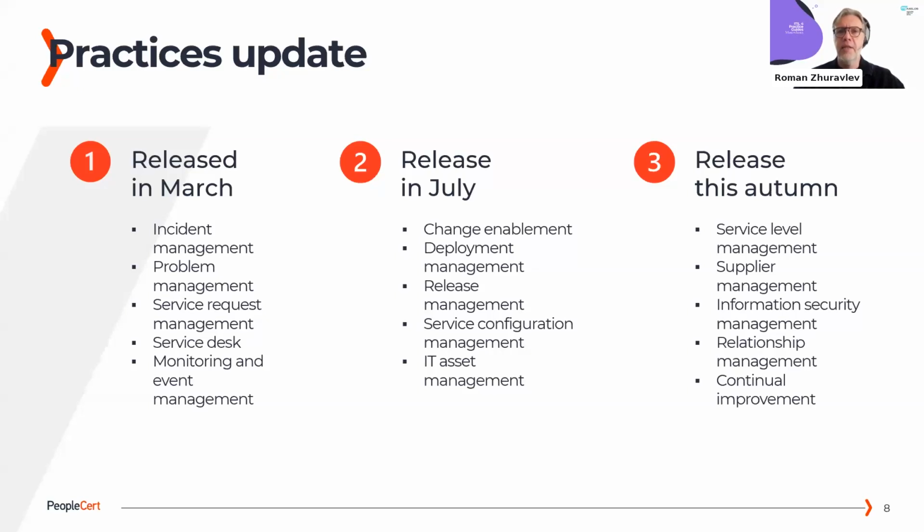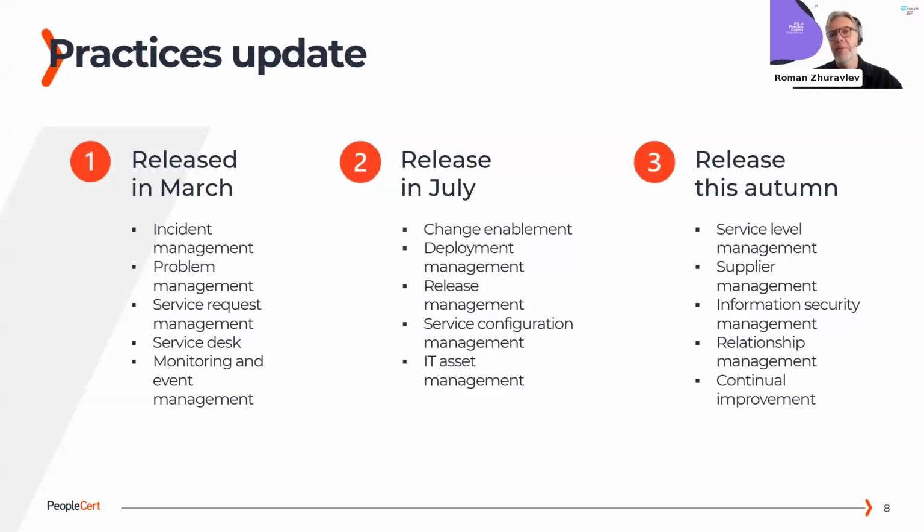Then there was a second batch, which we released in July, and this one included change enablement, deployment management, release management, service configuration management, and IT asset management. And finally, right now, we are finishing the last preparations for release of the third batch. We had some last testing at the end of August, beginning of September.